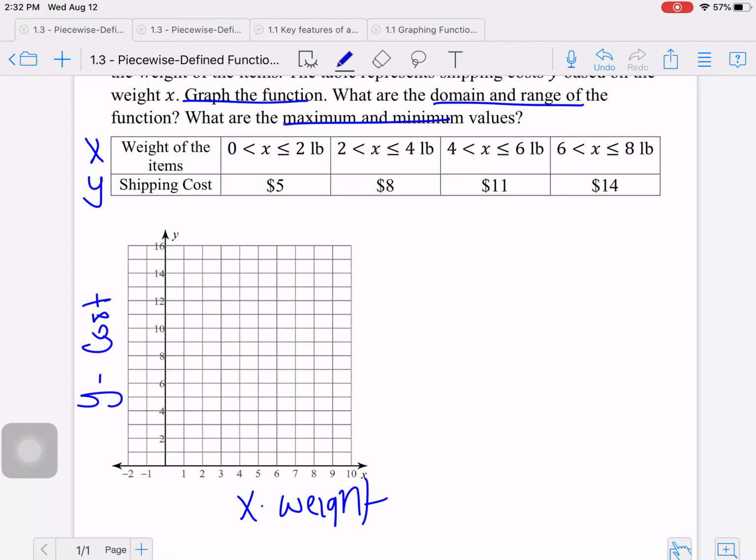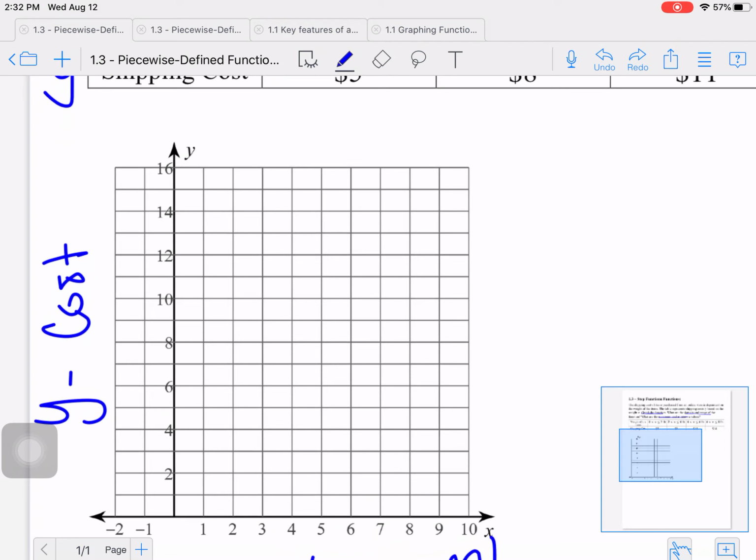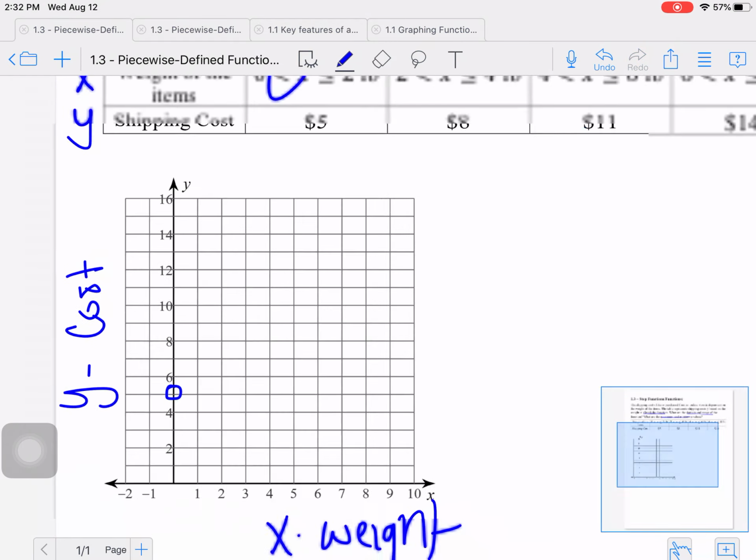When the weight is between 0 and 2, and again notice that 0 does not have an equal sign. So when X is between 0 and 2, your shipping cost is going to be $5. So my starting point is going to be at 0, and I go to 5. Now there's no equal sign, which means that it's going to have an open circle.